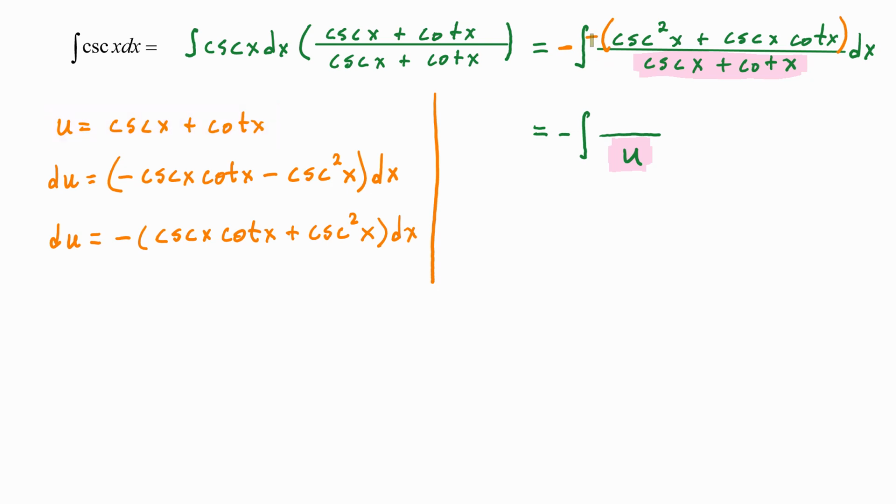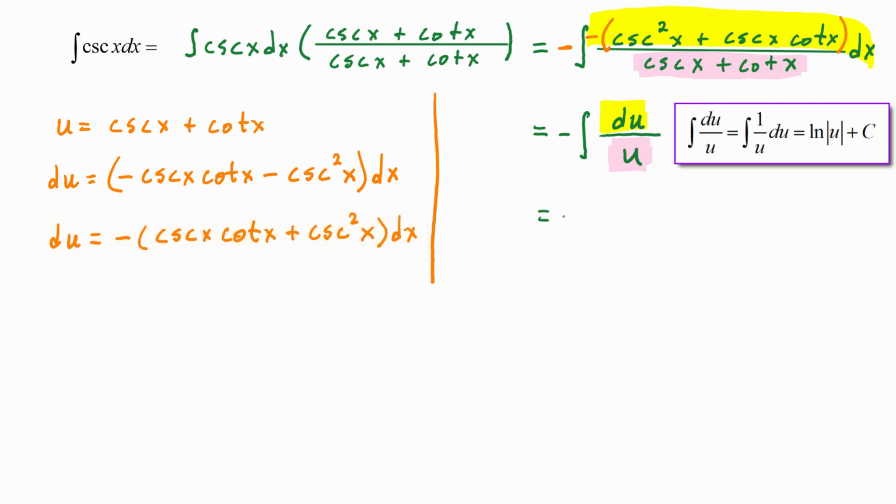And in the numerator, this whole entire thing we define to be du. Now this is going to equal the opposite of the natural log of the absolute value of u plus c.